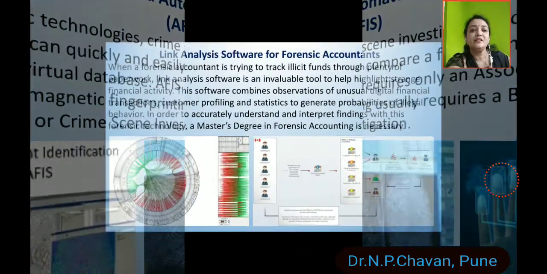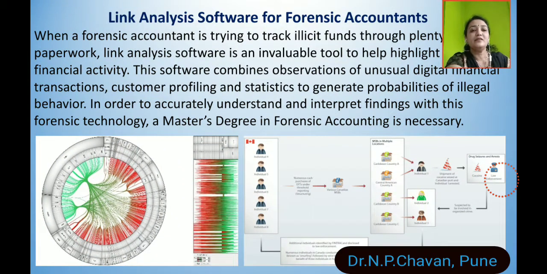Then the next one is link analysis software for the forensic accountant. That is the software related to the accounting part. When a forensic accountant is trying to track illicit funds through plenty of paperwork, link analysis software is an invaluable tool to help highlight strange financial activity. This software combines the observations of unusual digital financial transactions.